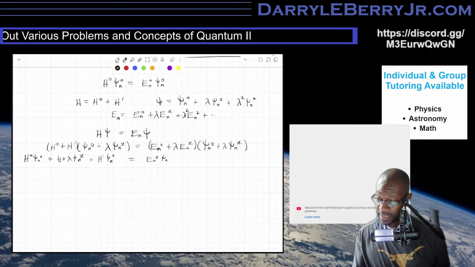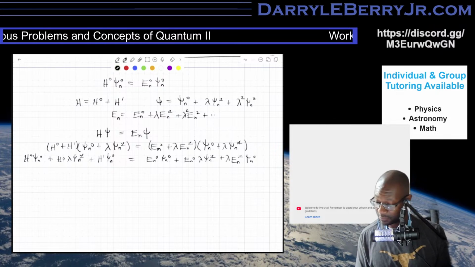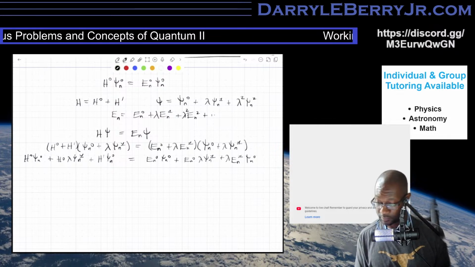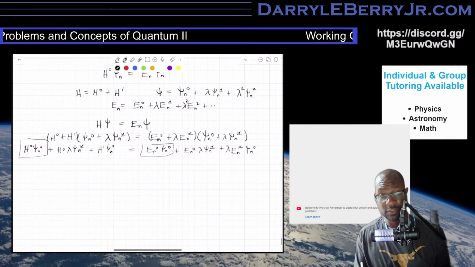On the other side, En naught psi n naught plus lambda En naught psi n1 plus lambda En1 psi n naught, and again the last is squared, so we could ignore that one. And the zeroth-order terms are simply the default, so we could ignore those.